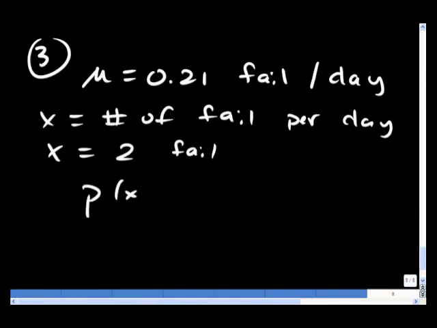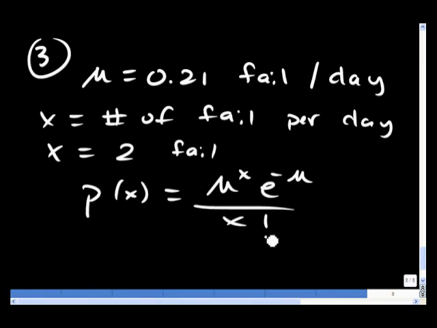Using the Poisson formula of mu to the x e to the minus mu over x factorial, we are going to have to compute P of 2 with the mu of 0.21.